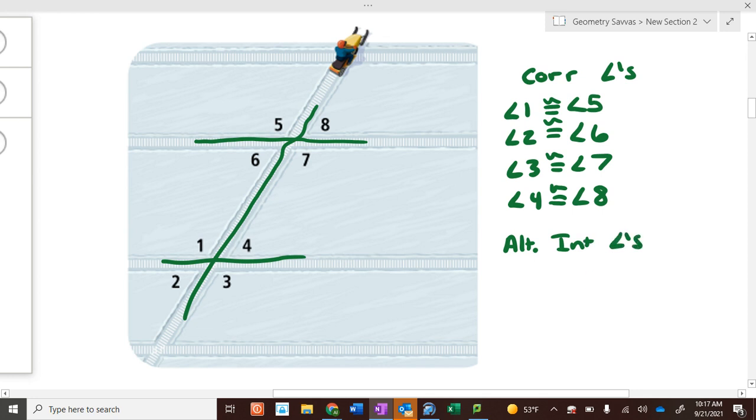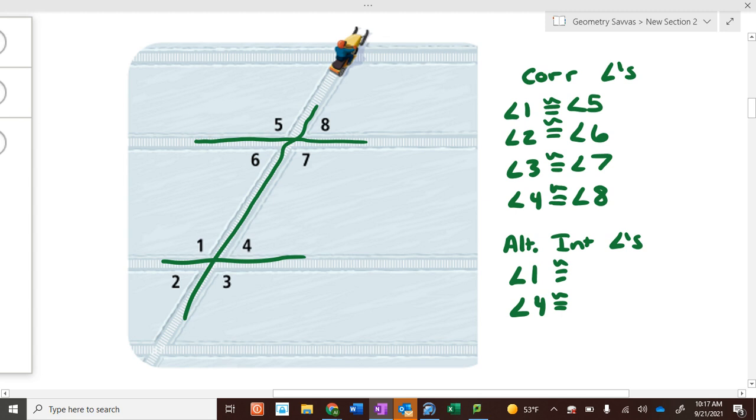Alternate interior angles can only be to the inside. So we're talking about angles 1 and angles 4. And they're alternate interior with certain ones. Okay? So angle 1, what is it alternate interior with? Angle 1, Christian, what is the alternate interior with angle 1?